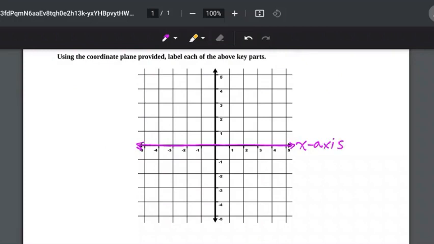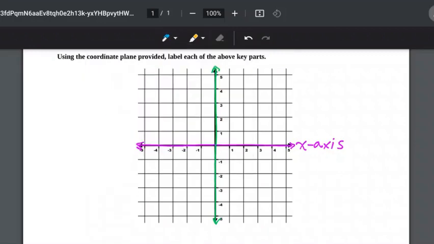So our first number in our coordinate pair is always the x term. It's going to tell us how far to the right or how far left we are going. Next one I'm going to mark is in green, which is our y-axis, which is vertical, it goes up and down. So again, that second number in our coordinate pair tells us how far up or how far down we're going to go.